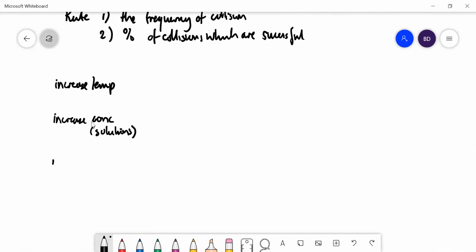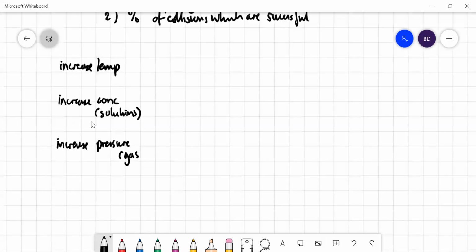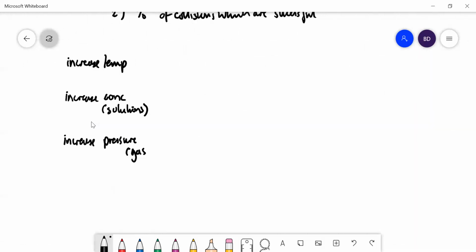We can increase the pressure when we're talking about gases reacting. And that's the same, really, as increasing the concentration of solutions. What else can we do? If it's solids, we can increase the surface area. And finally, we can use a catalyst.